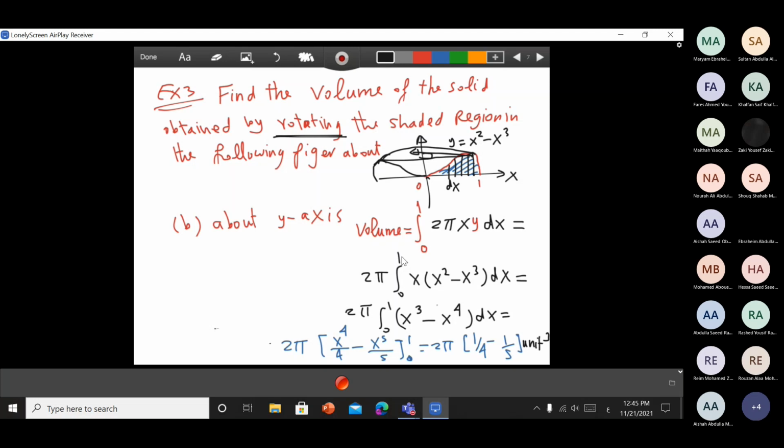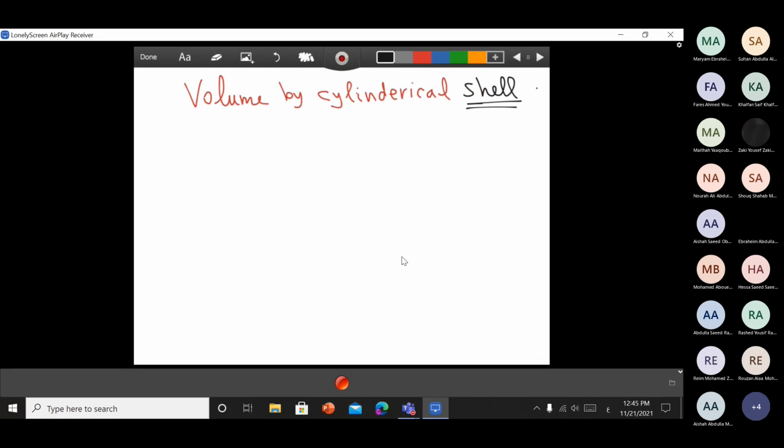Okay, now I finish my turn. Let us summarize what we have done. We have volume by cylindrical shell. We have volume by washer. And we have volume by disk.